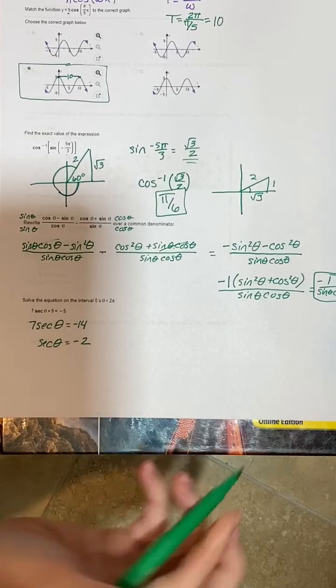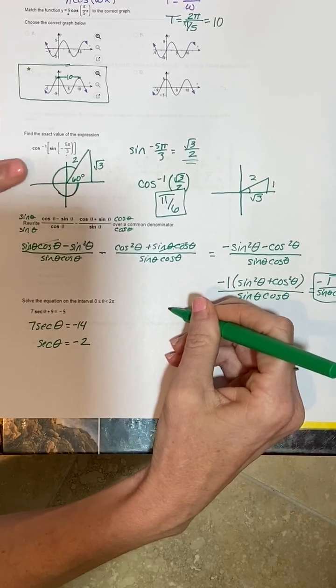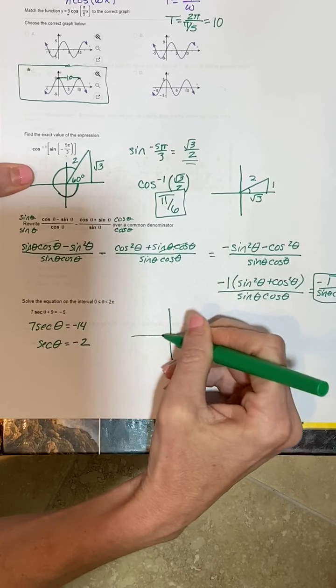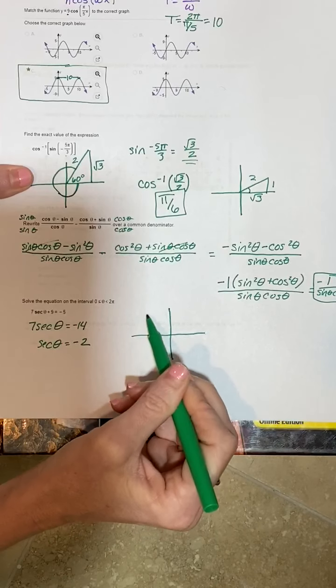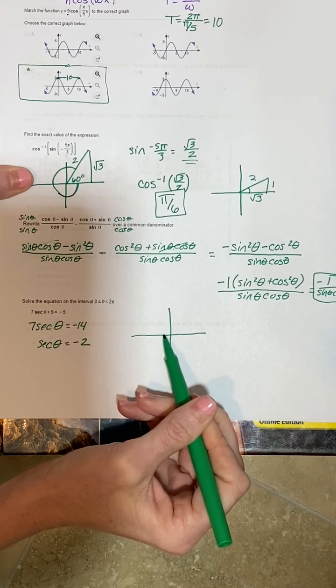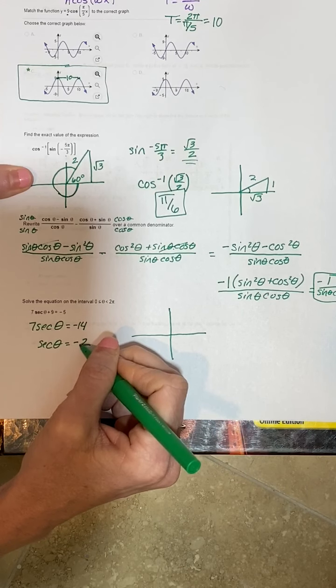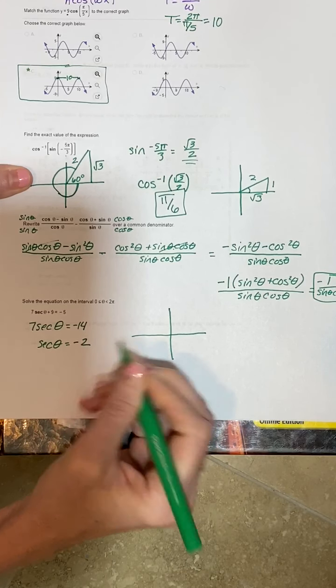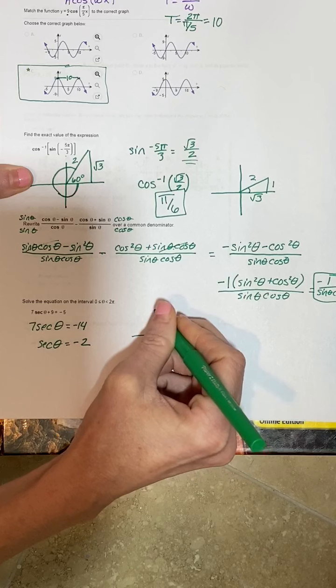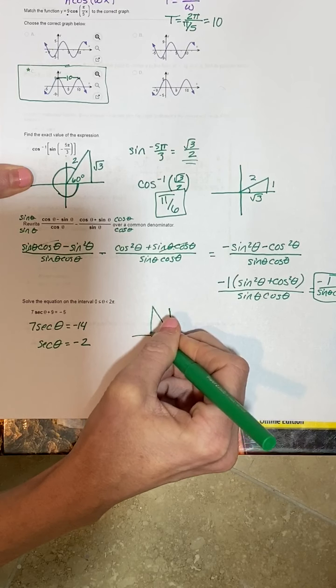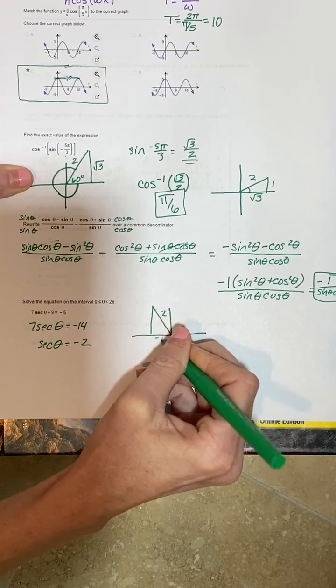Where is my secant negative? The same places that my cosine is negative: quadrant 2 and quadrant 3, negative x-axis. My secant is hypotenuse over adjacent, so I need 2 over negative 1.